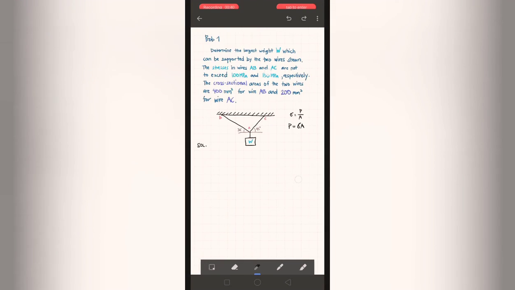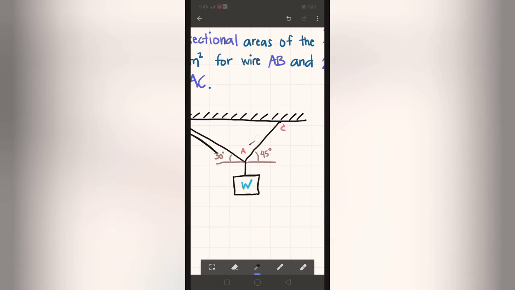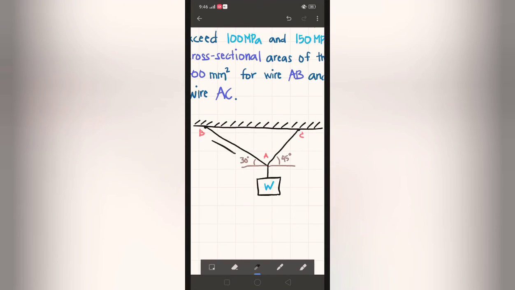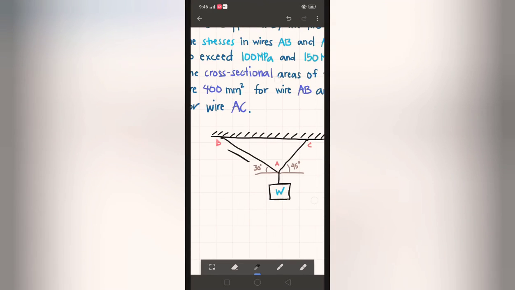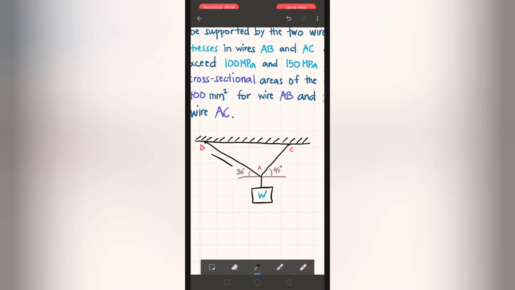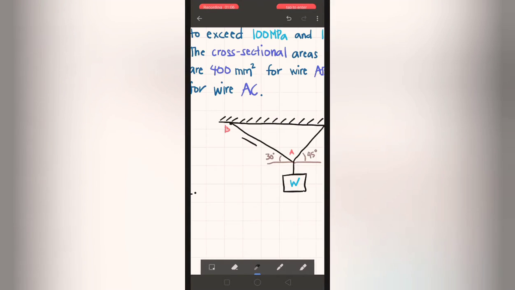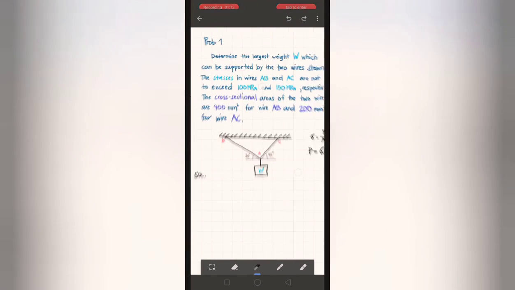So in this problem, we are asked to find the largest weight that can be supported by these wires AB and AC, provided that the stress limit before these wires will fail or collapse is 100 MPa for AB, and then 150 for AC.